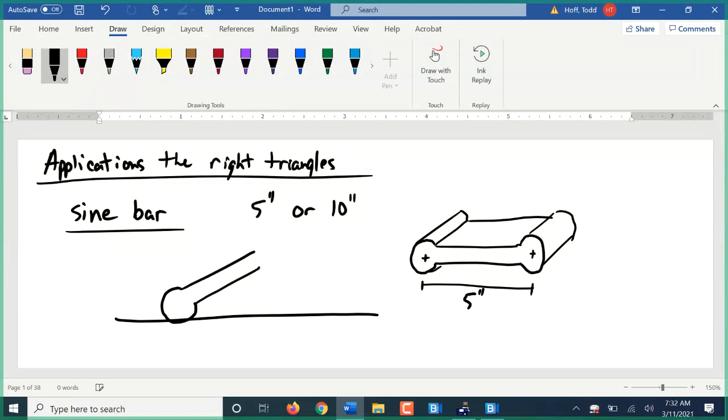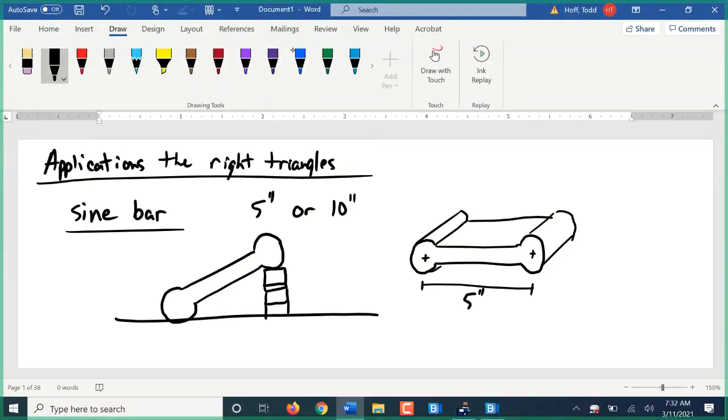So let's say we have our sine bar here. And we can stack up gauge blocks under one end of the sine bar to construct a very precise angle.